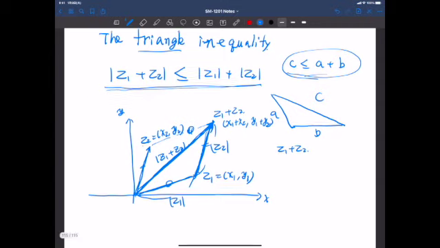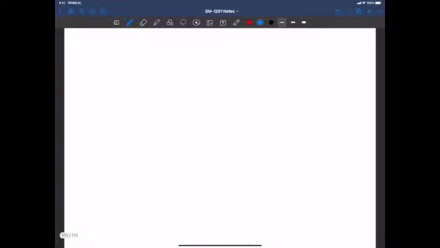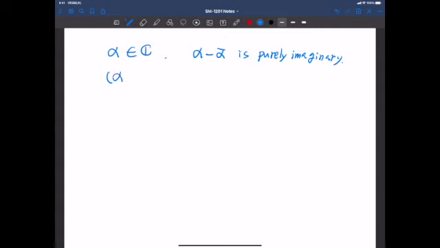Okay, so let's prove this. Suppose alpha is a complex number. Then alpha minus alpha bar is purely imaginary. So that means alpha minus alpha bar squared is a non-positive real number.